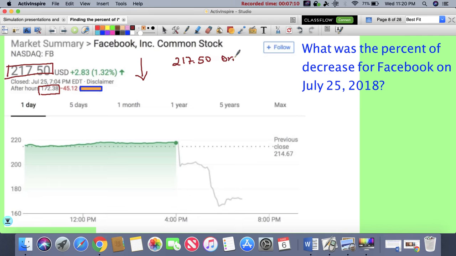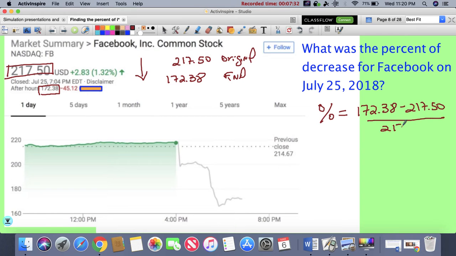This is the original. And in this case, the final price is $172.38. So we do this. The percent of change is the final, 172.38 minus 217.50. And we're going to divide that by 217.50. You're going to get a negative number, and that's fine.